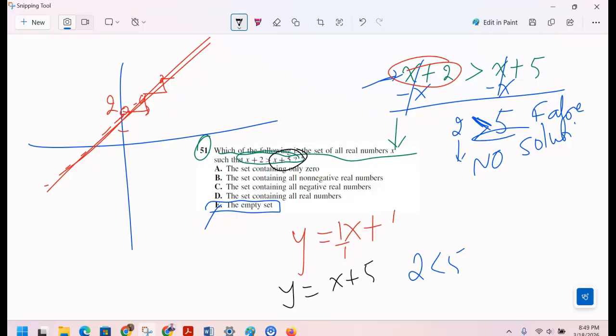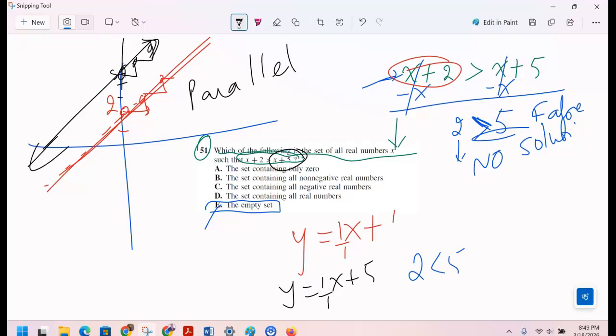It means it starts at 5, and the slope is 1 over 1. Same thing, so 1, 1, 1, 1 like that. And you can see these two lines, the red and the black, are parallel. They never cross each other, so there is no solution. They don't have any point in common. So this is the answer, empty set.